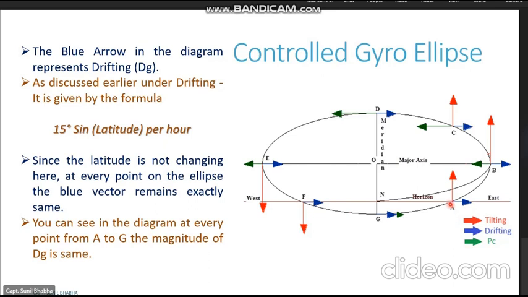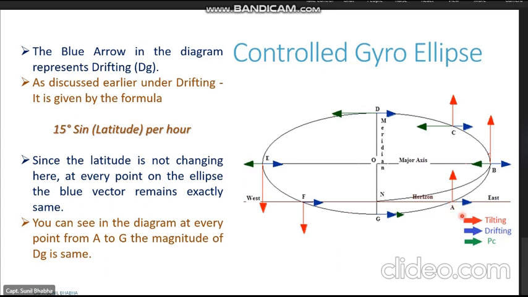At every point on our ellipse, you can see this is point A of the ellipse, moving on to point B, then C, then Delta on top, then E, Echo, F, Foxtrot, G, Golf, and then coming back to A. At each and every point, we will be checking whether these forces are applied correctly. Once we understand how these forces are applied, how the direction and the magnitude of these vectors is put in this diagram, we will be able to easily understand the elliptical motion.